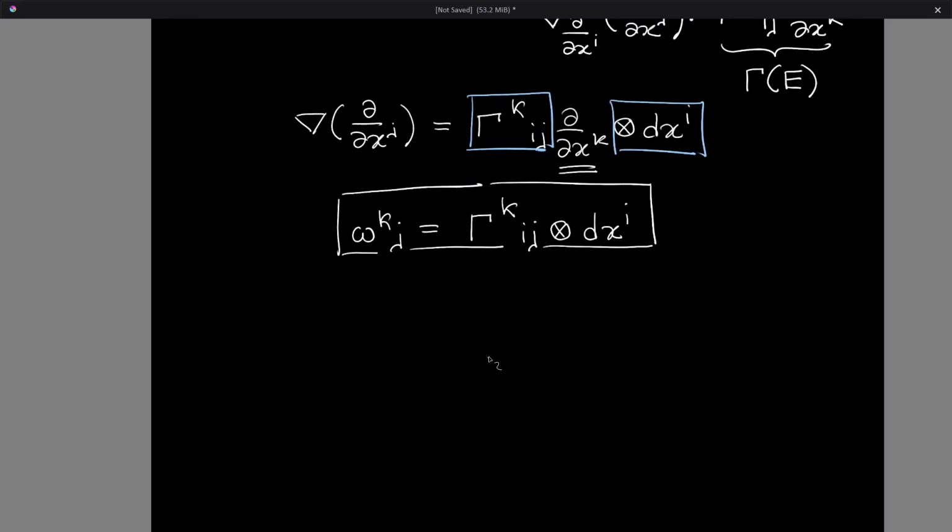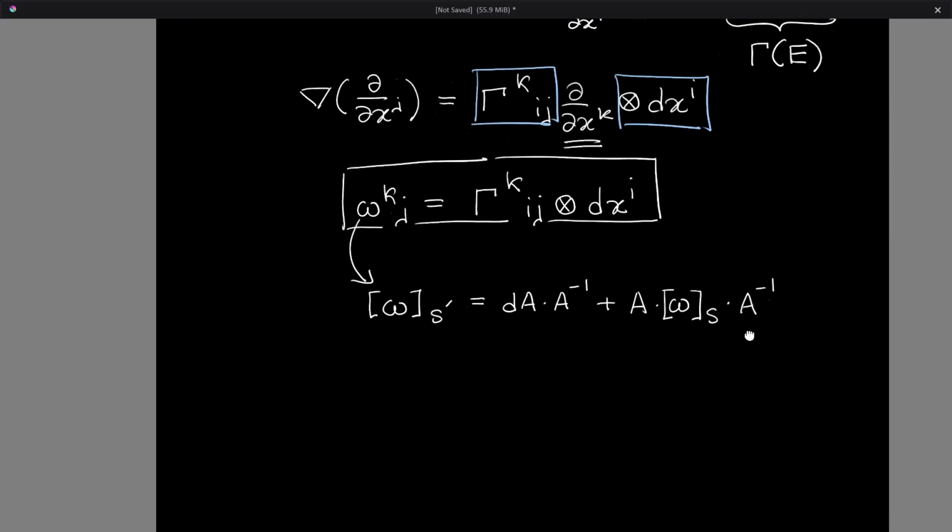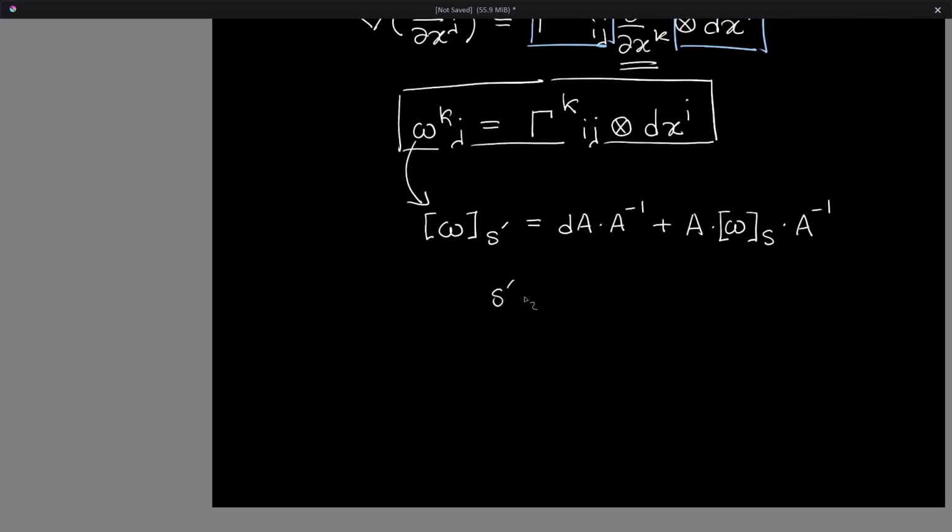And if we look at the transformation properties of the connection form, remember that they look like this. Omega prime, or the way we were doing it, omega on S prime is equal to dA dot A inverse plus A into omega in the S frame into A inverse, where S prime is equal to A dot S. These were two local frame fields.